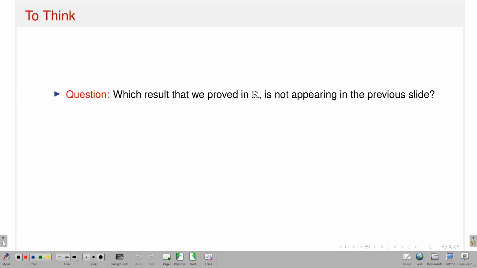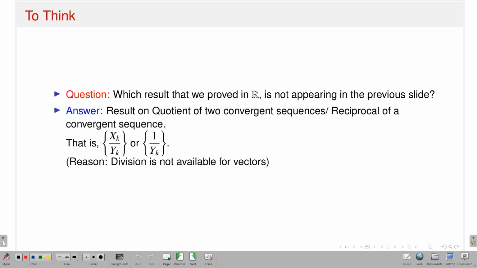Okay. So let us think. Which result that we proved in R is not appearing in my last slides? I have two sequences, the sum is convergent, the scalar multiple is convergent. What is remaining is the quotient. In a real sequence, suppose An converges to L and Bn converges to M, then I have the notion of An by Bn, because division makes sense in R. Whereas in n-dimensional Euclidean space, division is not available for vectors.